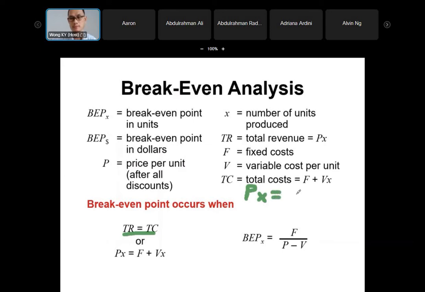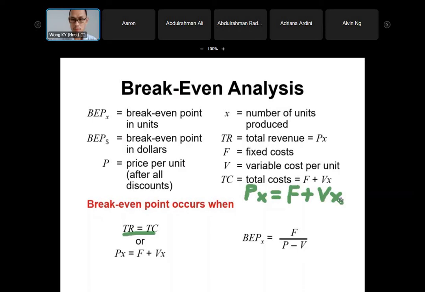Total cost consists of two elements: the fixed cost F plus the total variable cost. Total variable cost is V, the variable cost per unit, times X, where X is the number of units produced.